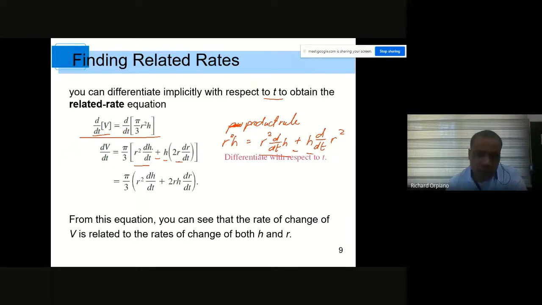Dito, dh dt kasi derivative ng h, ng height. Dito, dr dt kasi derivative ng radius. In-apply lang natin si product rule. So, simplifying that, pi over 3, quantity r squared dh dt plus 2rh dr dt quantity.